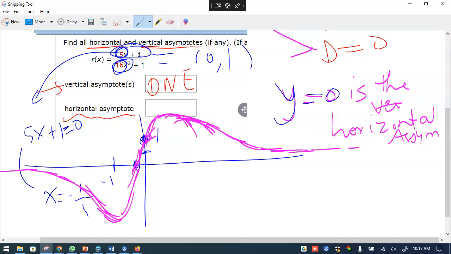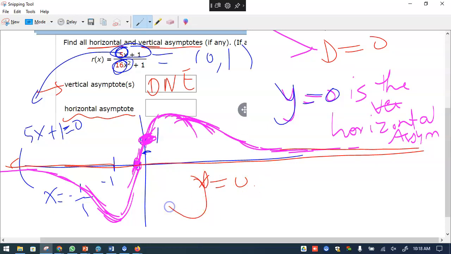So this is how the shape will be: x-intercept, y-intercept, x-intercept, and the horizontal x-axis is this one. So it approaches on either side. You can see the graph approaches x equals 0. And the horizontal asymptote is, sorry, y equals 0. So y is 0. That's it.